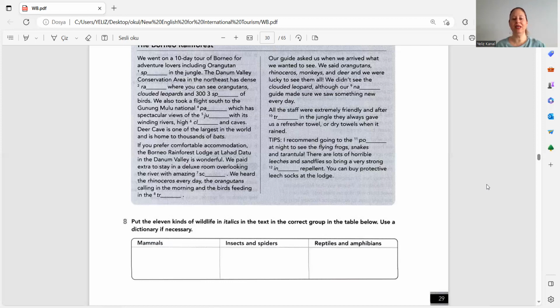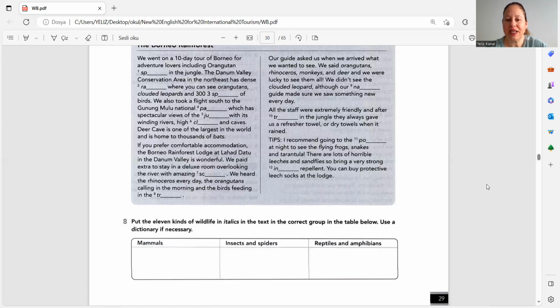Now, for insects and spiders, we have tarantula, leeches, leeches also go there, and sandflies, right? Sandflies, tarantula, leeches, and sandflies.